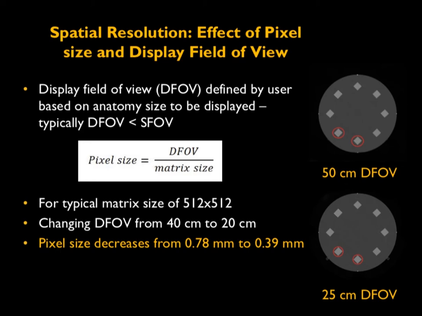On the right-hand side are spatial resolution images reconstructed at two different display fields of view: 50 centimeters and 25 centimeters. On the 25 centimeter display field of view, we can see more bar patterns resolved compared to the 50 centimeter field of view, which implies that the smaller the pixel size, the greater the spatial resolution.